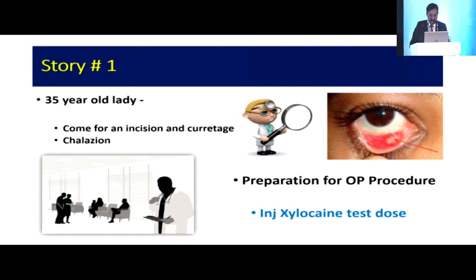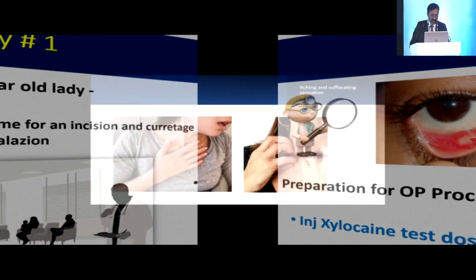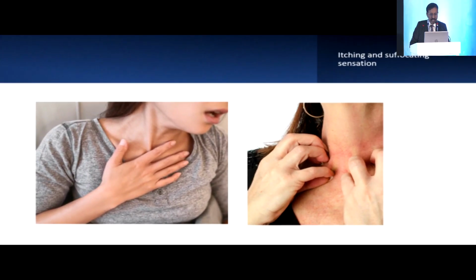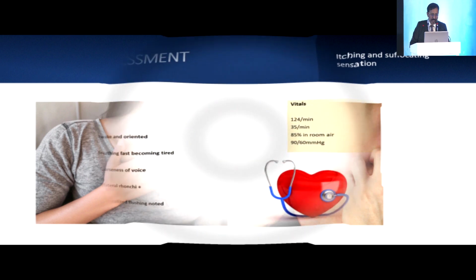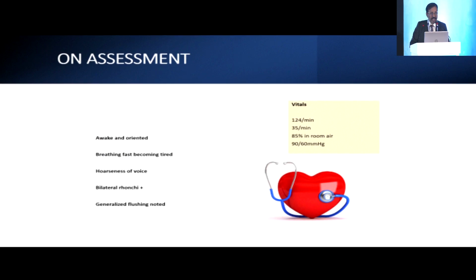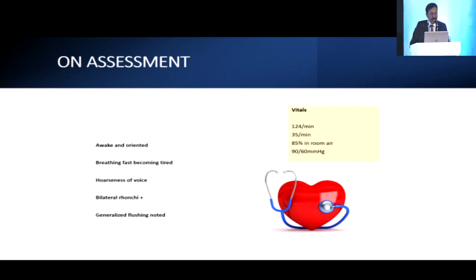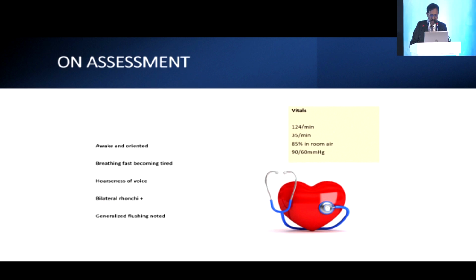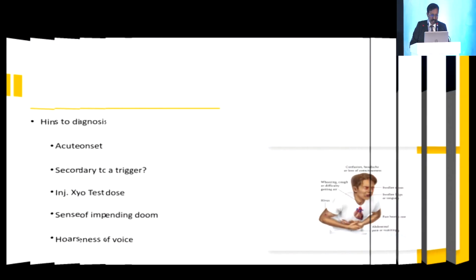Generally we give a xylocaine test dose for these procedures, and after the injection she complained of itching and a suffocating sensation. On assessment, the patient was awake and oriented, the breathing had become fast, and there was hoarseness of voice. The vitals showed tachycardia, tachypnea, 85% oxygen saturation, and the BP was going down.